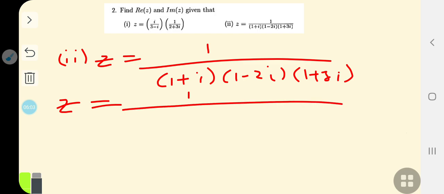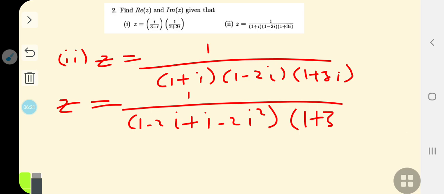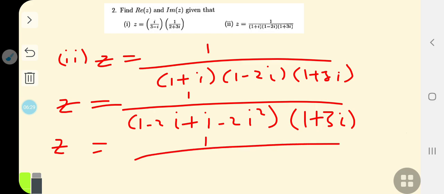When I multiply here, I'm going to have 1 times 1 to be 1, then negative 2i, then positive i, and from there minus 2i squared, multiplying with 1 plus 3i. Then we move on. So 1 divided by this part will give us positive 2. So positive 2 plus 1, I'm going to have 3.